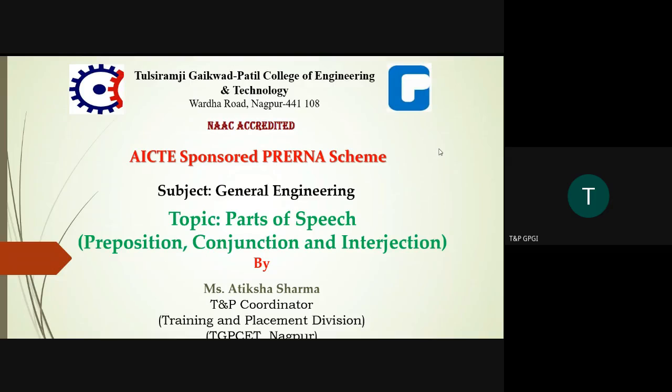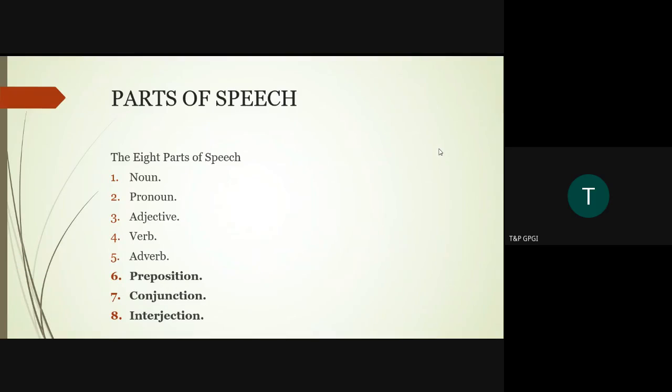So, welcome to the next session of general engineering with me, and today's topic is parts of speech. Today, we're going to cover preposition, conjunction, and interjection. So far, we have seen that there are 8 parts of speech, namely noun, pronoun, adjective, verb, adverb, preposition, conjunction, and interjection. So we have already covered noun, pronoun, adjective, verb, and adverb.